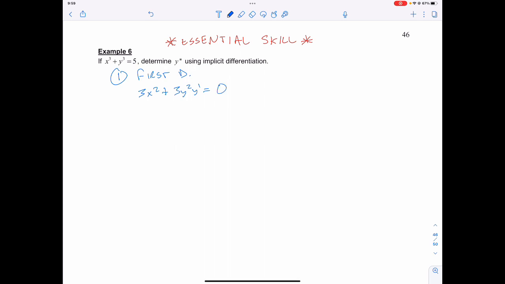Or 3y squared y prime is equal to negative 3x squared, and y prime, when I divide both sides by that 3y squared, is going to equal negative 3x squared over 3y squared.